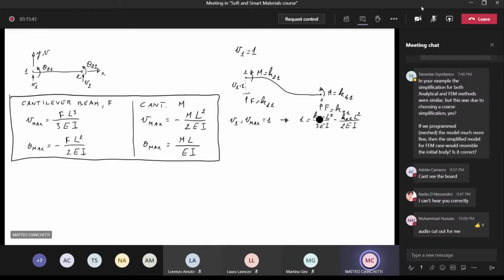So what are these two terms? This one is the force term that you can see here.